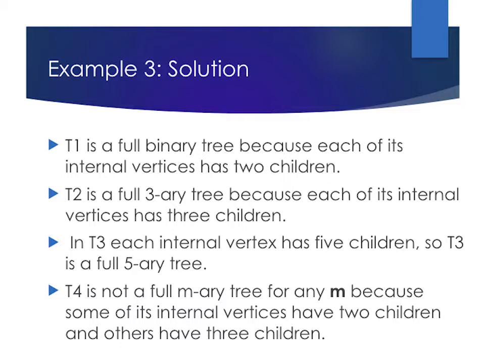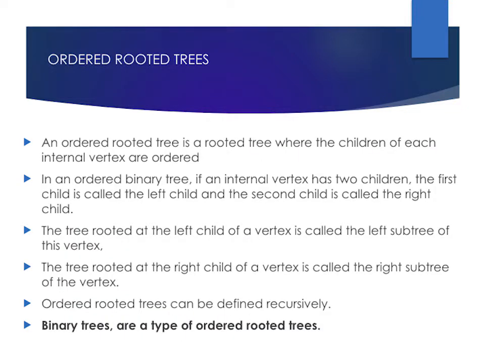An ordered rooted tree is a rooted tree where the children of each internal vertex are ordered. Ordered rooted trees are drawn so that the children of each internal vertex are shown in order from left to right.